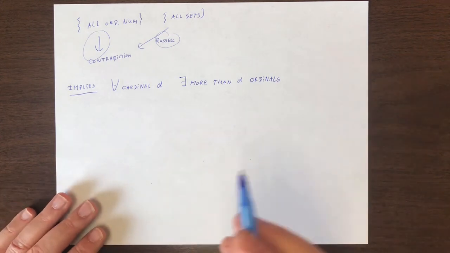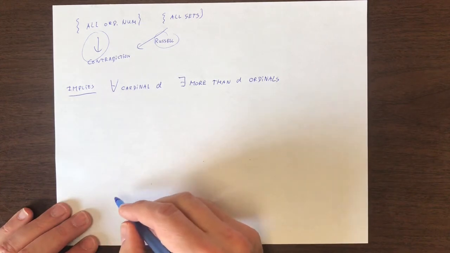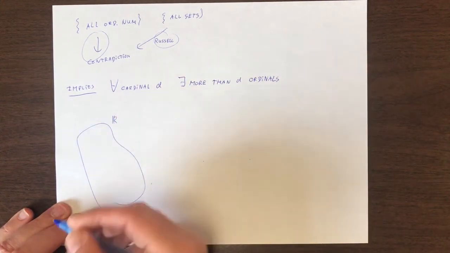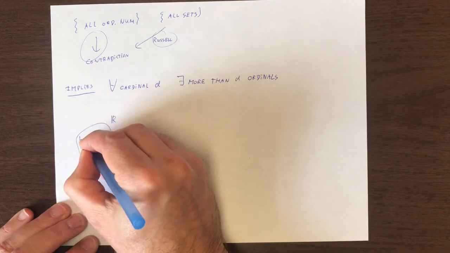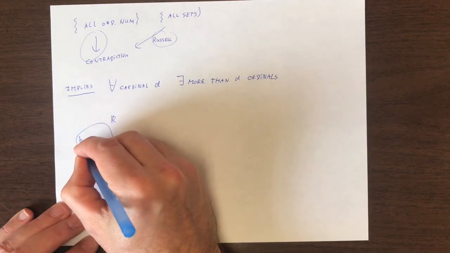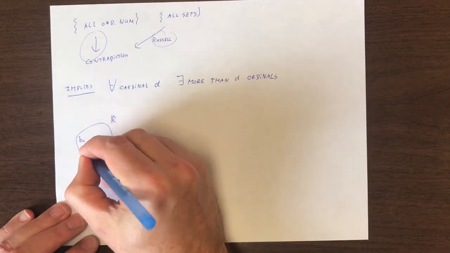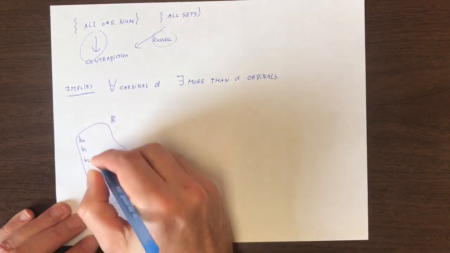So now let's go back to the real numbers again. We could pick some real number, say b0. And obviously we haven't run out of elements yet, so we can pick another one, b1, another one, b2, and so on.